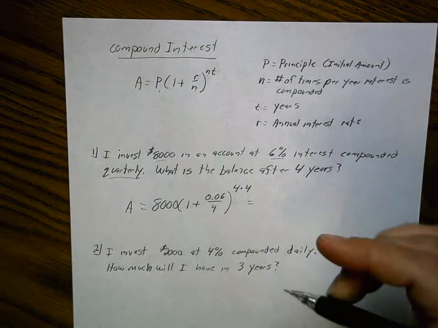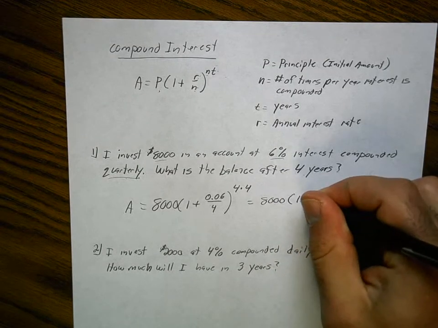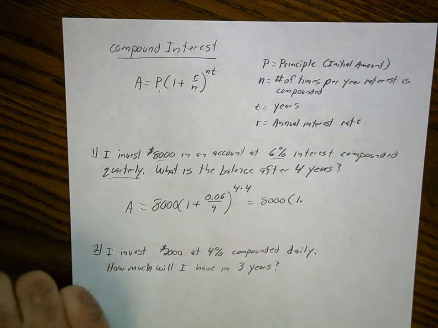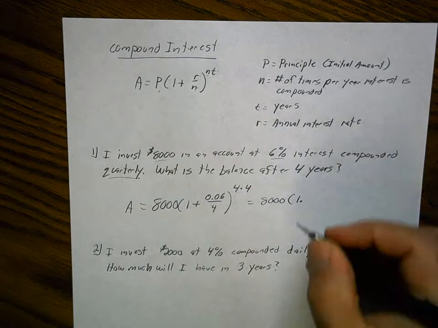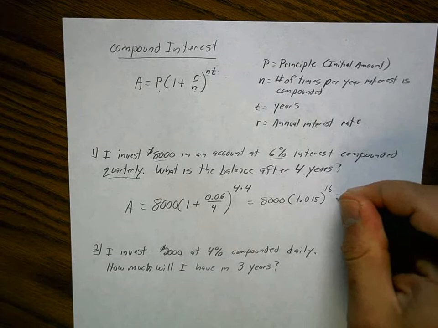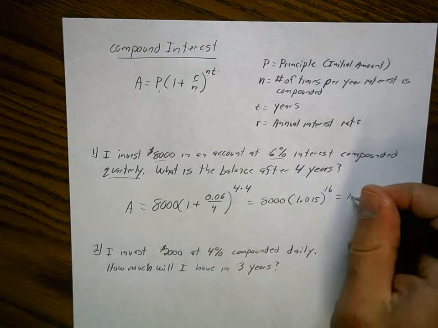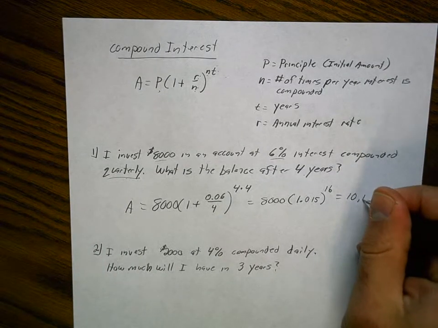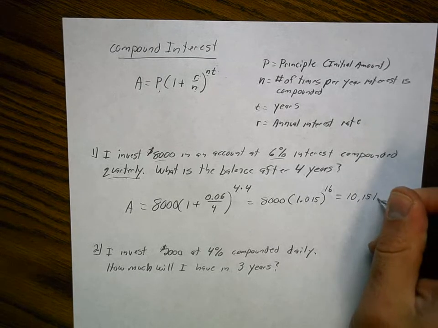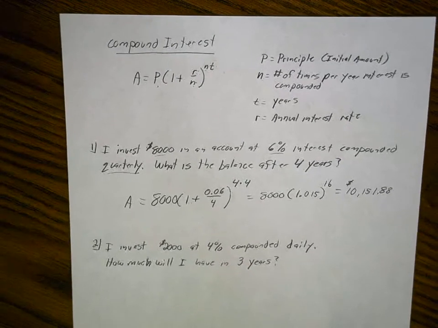Let's simplify it first. This would be 1.015 to the 16. It gives me 10,151.88. So after 4 years, that's what I'd have in my account.